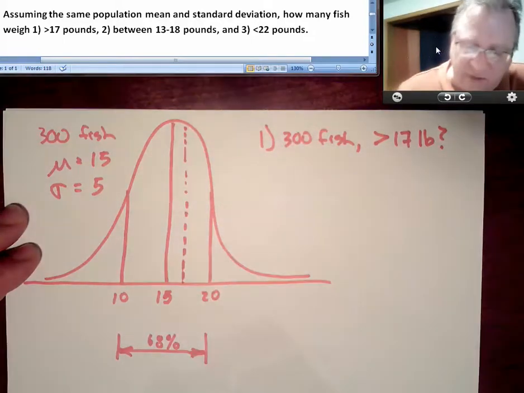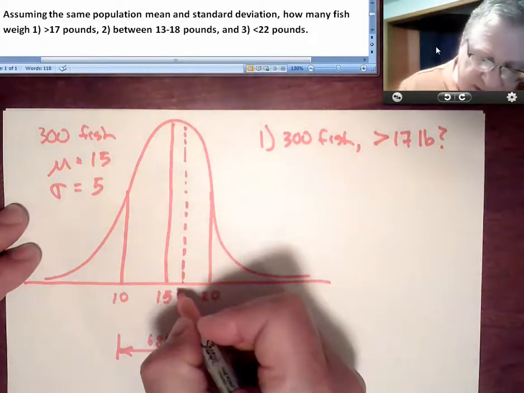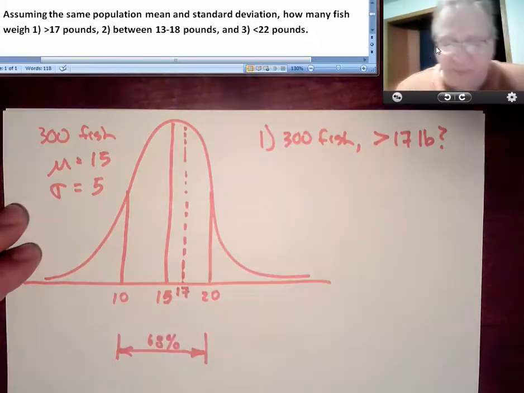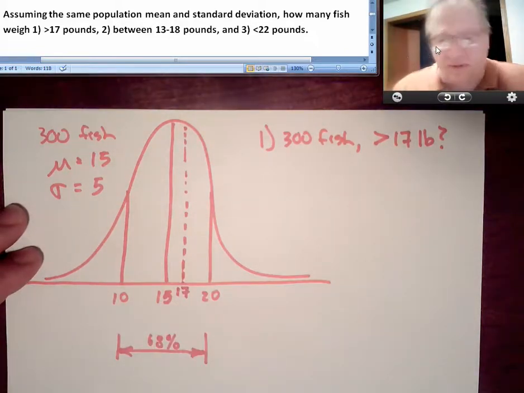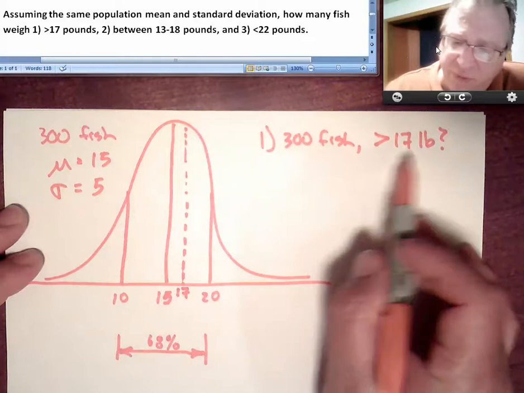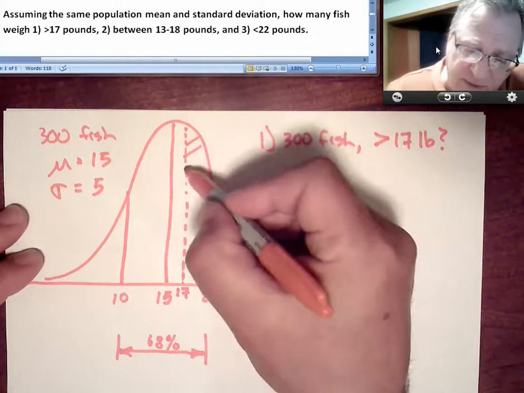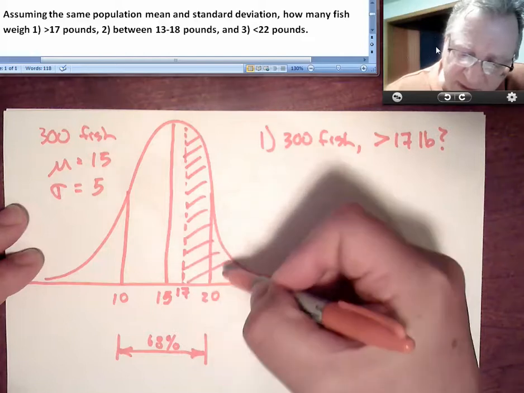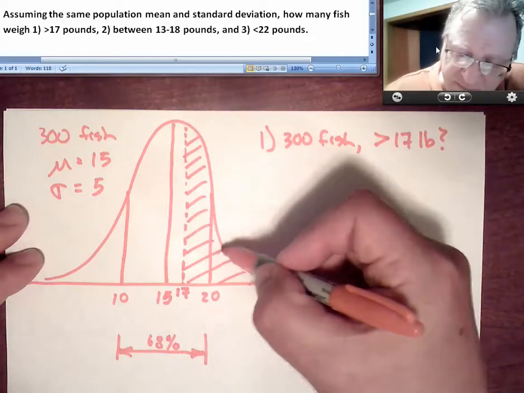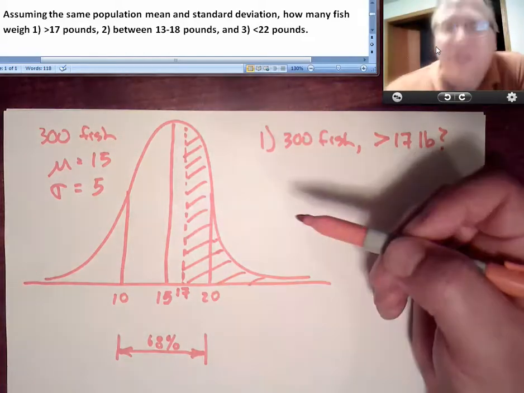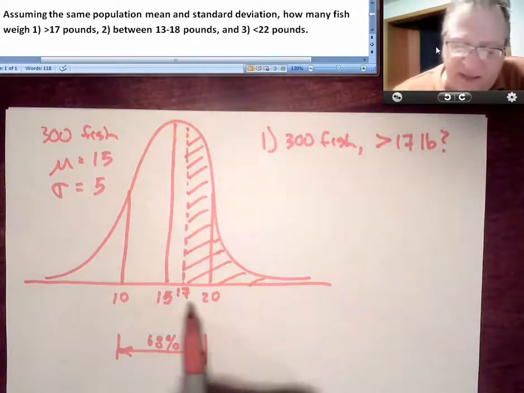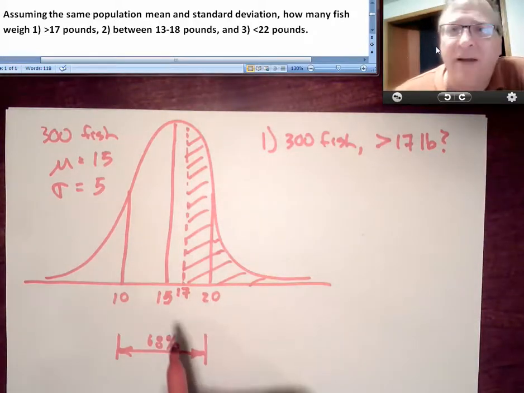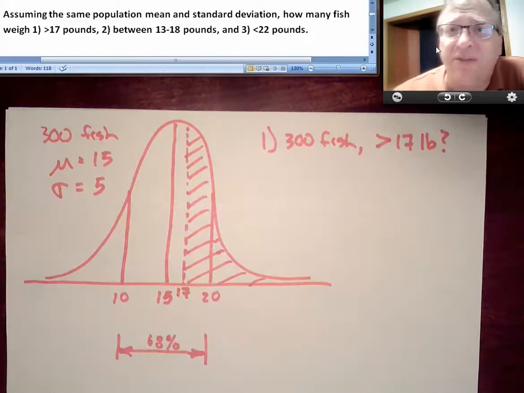We'll call it right about that. We'll slide a little 17 in there. And so we want the number of fish greater than 17, so we're looking for this area under the curve.